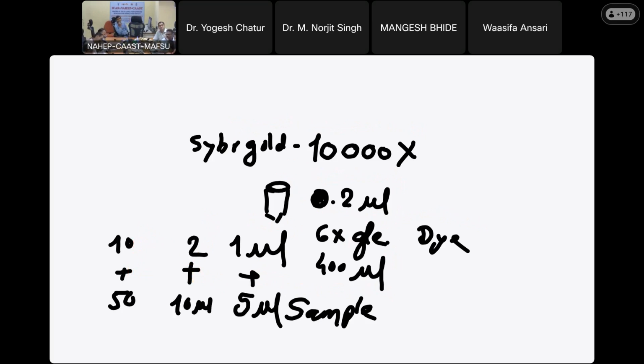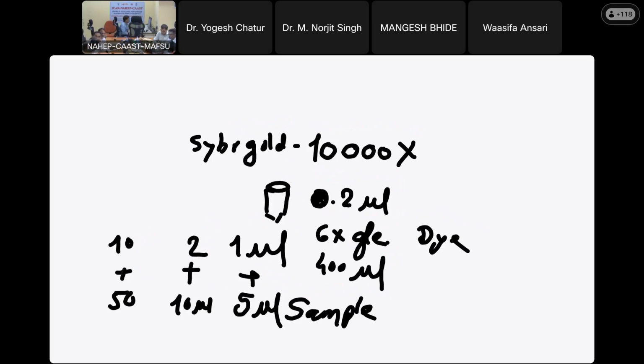Now, when you are making the gel, don't put anything. No dye should be put in the gel. Simple gel, you prepare the gel without any dye. You don't need ethidium bromide. SYBR Gold is an extremely safe dye.